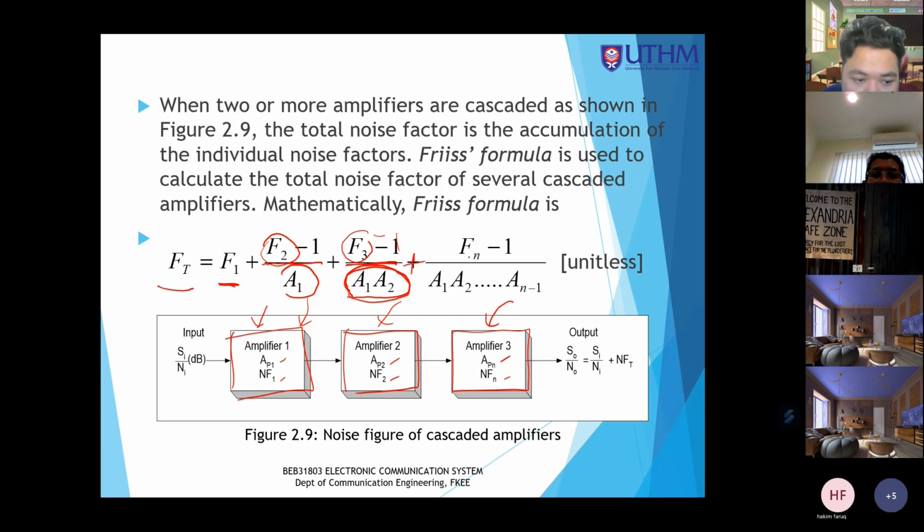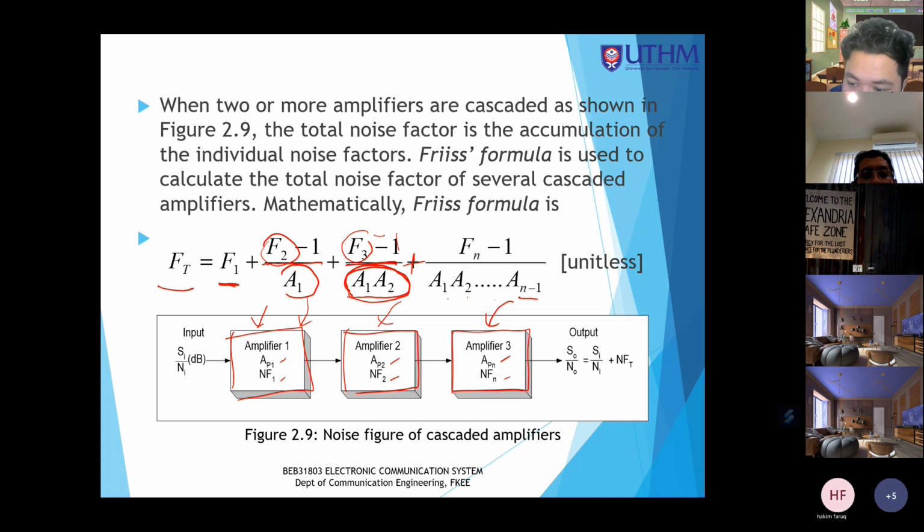So that's why Fn minus 1 divide with A1, A2, A3 until An minus 1. Okay, so kalau ada banyak kita teruskan sehingga noise factor yang terakhir, sehingga amplifier yang terakhir. Okay, so dalam exam kita akan berikan equation ini.